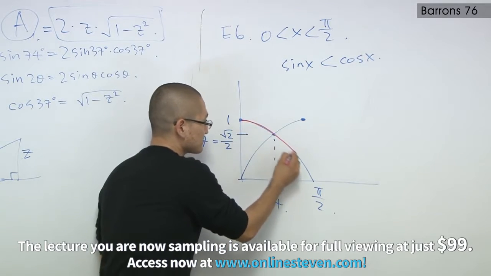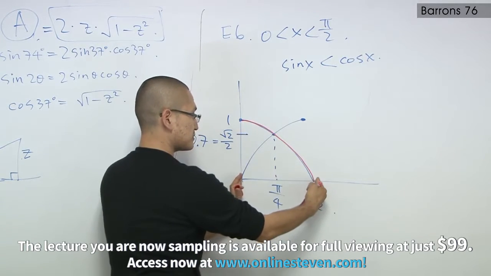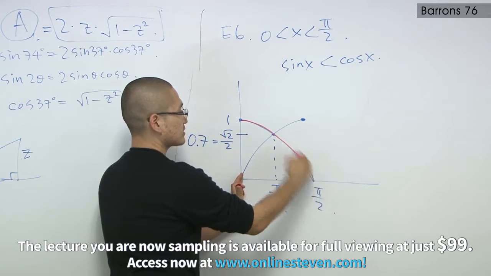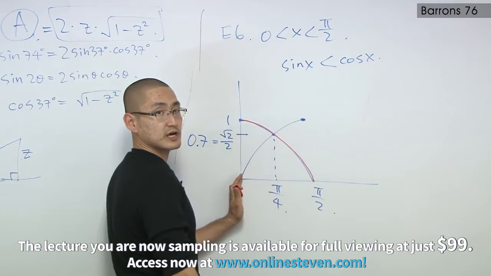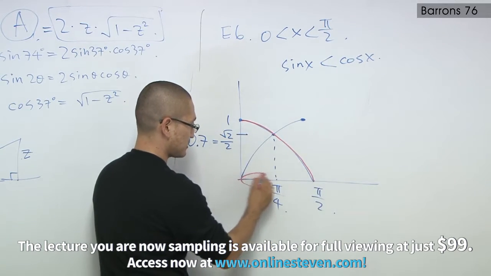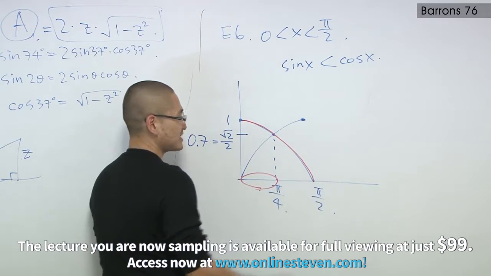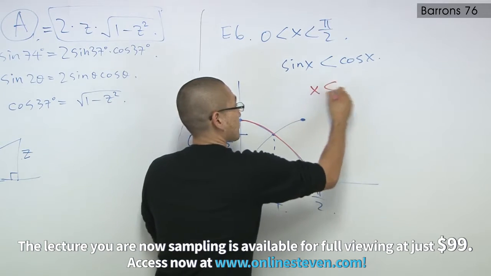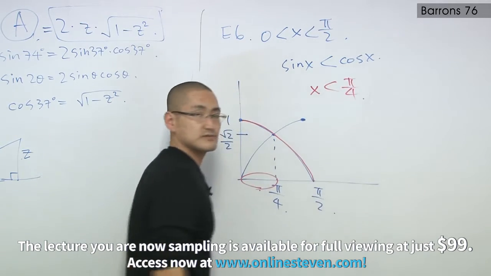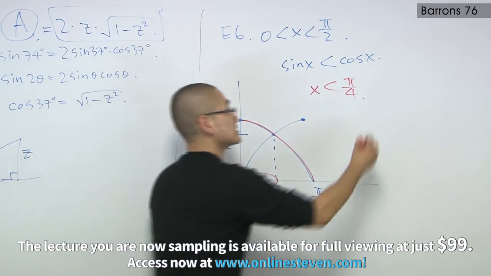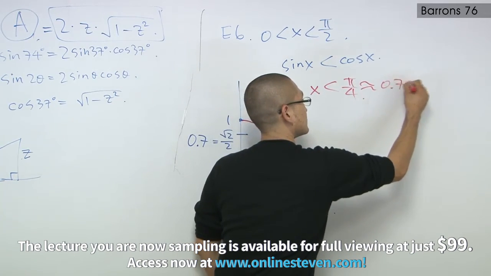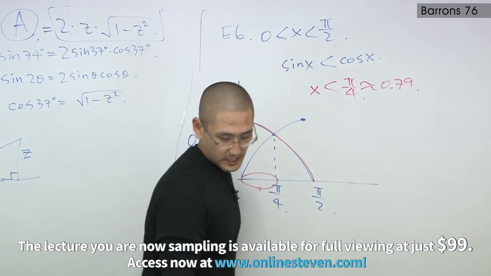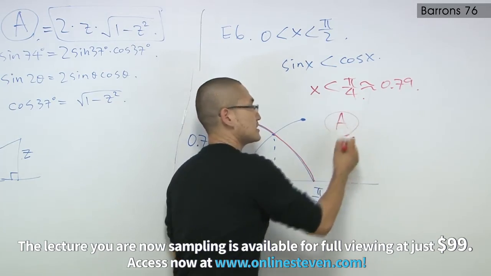Here's the cosine, and I am looking for values in between these so that the red line is greater than the blue line. Done. Anything before pi over 4 is good. That's the interval that I'm looking for. Pi over 4 is about 0.79, which you have as A. So anything less than that.